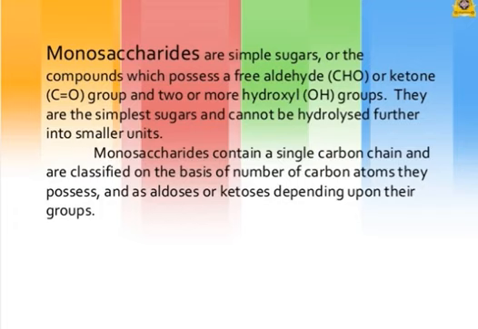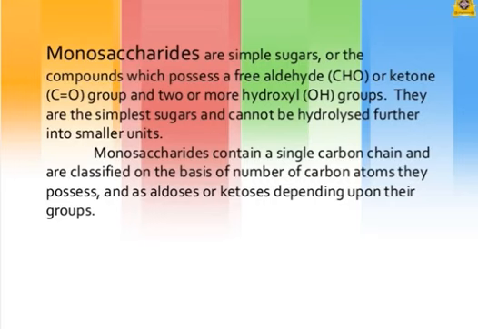Monosaccharides are simple sugars with a free aldehyde or ketone group, that is the carbonyl group, C double bond O, and two or more hydroxyl groups. They cannot be hydrolyzed into further units. They contain a single carbon chain and are classified on the basis of the number of carbon atoms they possess, and as aldoses or ketoses depending upon their groups.